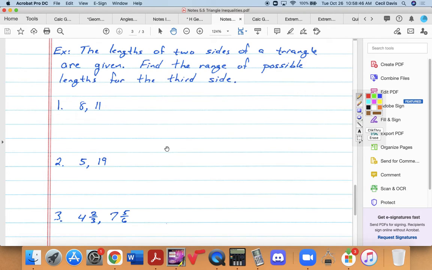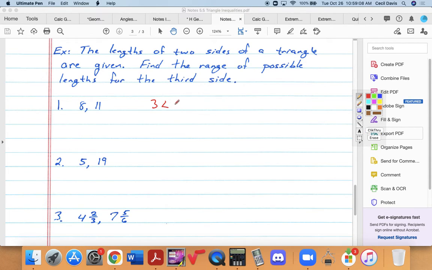If the third side was 75, would this make a triangle? It needs to be more than 3 and less than 19. Where'd you get 19 from? 8 plus 11. Yeah. It's got to be in between 3 and 19.